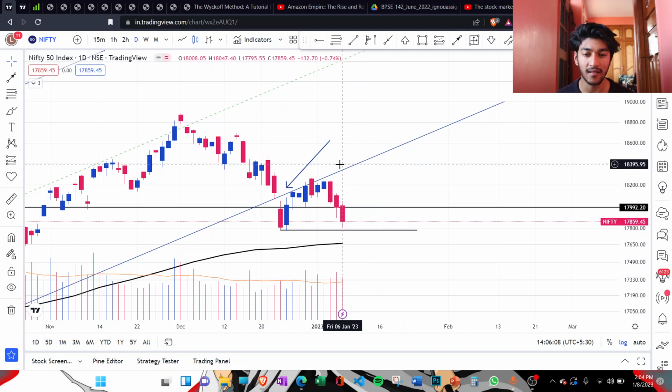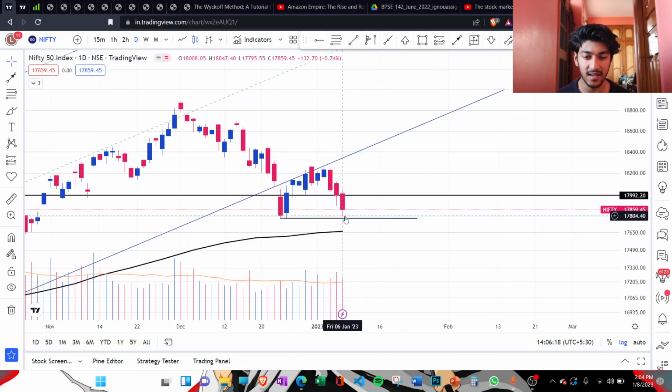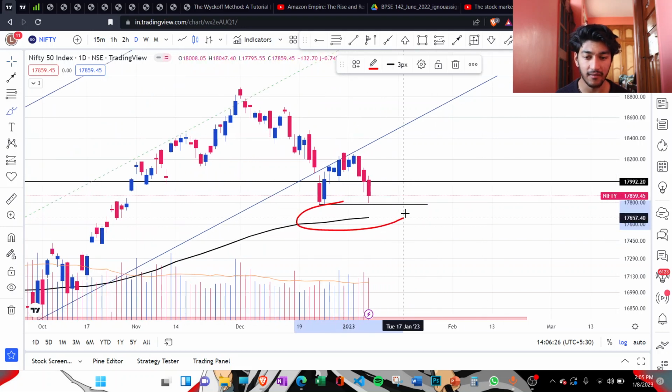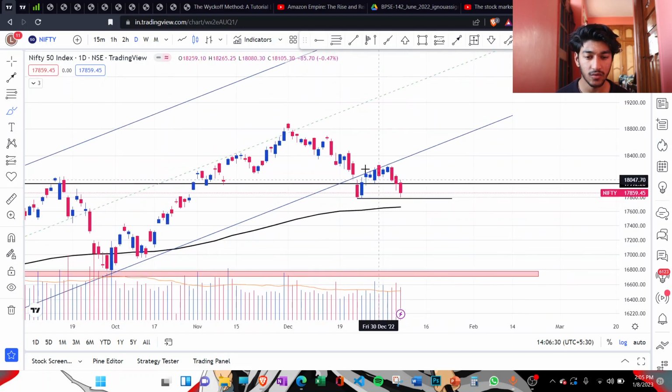I already had 60% cash, but I'm selling the rest of the 40% as well. I'll be only adding Nifty BeES at some points. This area of 17,700-70 something is really important right now, and right below this region we have another support, that is the 30-week moving average. So right now the market condition is not that good.